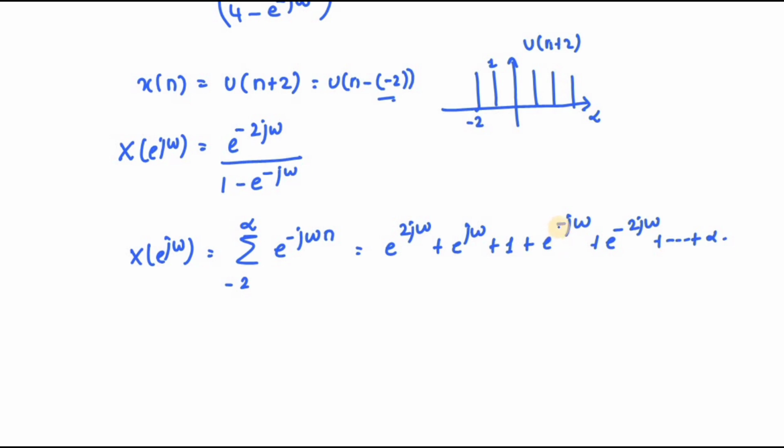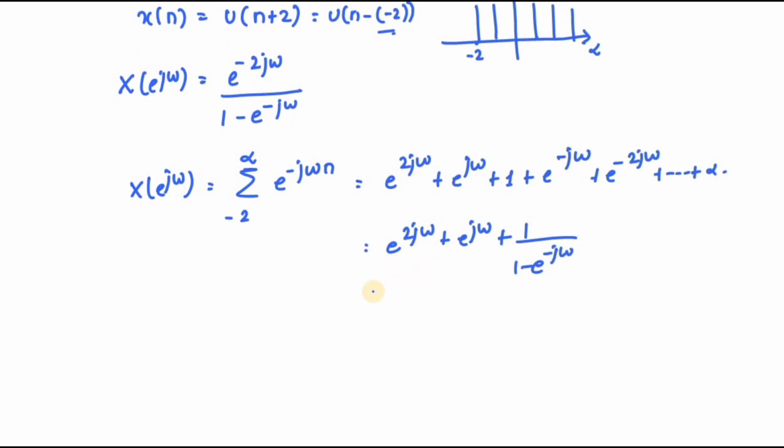So how do we find this formula? I can write it as e power 2j omega plus e power j omega plus 1 divided by 1 minus e power minus j omega. On solving, cross multiplying, I will get e power 2j omega plus e power j omega minus 1, plus 1 divided by 1 minus e power minus j omega.